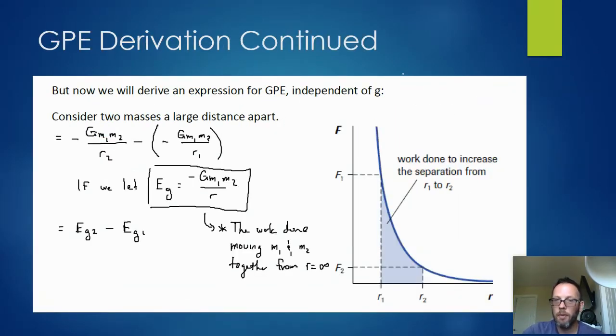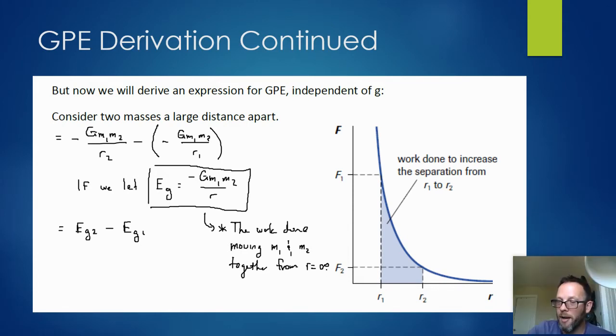So in this case, when is the force between the two things 0? It's when r, the distance between them, gets really, really big, i.e. r equals infinity. And so we're now using our reference point, instead of being h equal to 0 and lifting it above a surface, we're thinking of two objects and bringing them together from infinitely far away.